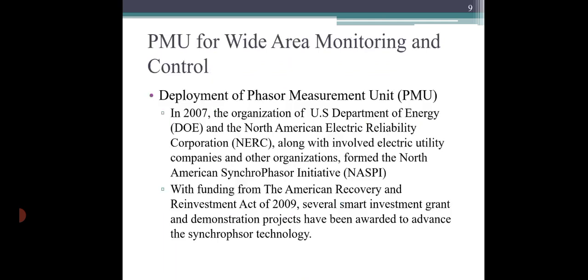In 2007, the U.S. Department of Energy and the North American Electric Reliability Corporation, along with involved electrical utility companies and other organizations, formed the North American SynchroPhasor Initiative, with funding from the American Recovery and Reinvestment Act of 2009. Several smart grid investment grant and demonstration projects have been awarded to advance synchronous phasor technology.